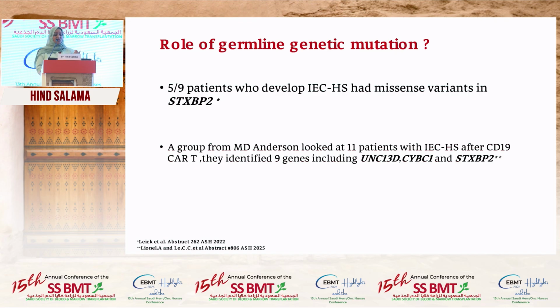In the first study, they looked at 5 out of 9 patients who developed IEC-HS post-CD22 CAR-T, and they found that they have STXBP2, which we know is a very important gene in primary HLH. A group from MD Anderson also looked at 11 patients with IEC-HS after CD19 CAR-T, and they identified 9 genes, including UNC13D and STXBP2.